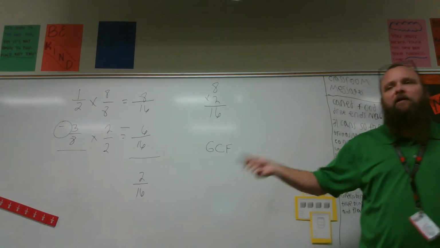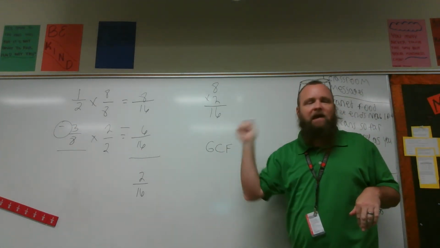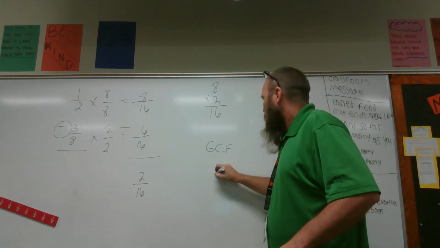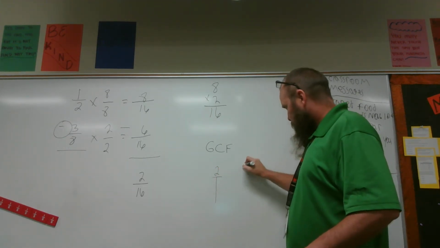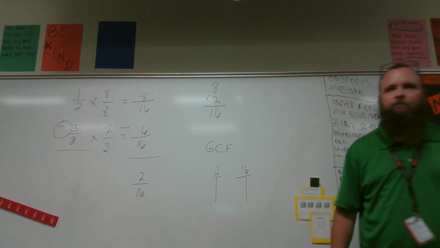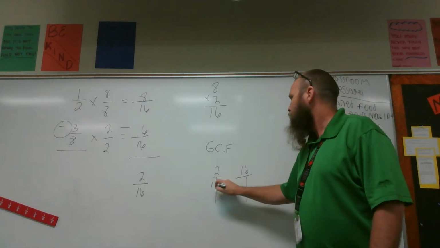So now, since we found out 1/8 wasn't the answer, because Davin told us that it was 2/16, we have to find the factors of 2 and the factors of 16. Davin, what are my factors of 2? 1 and 2.